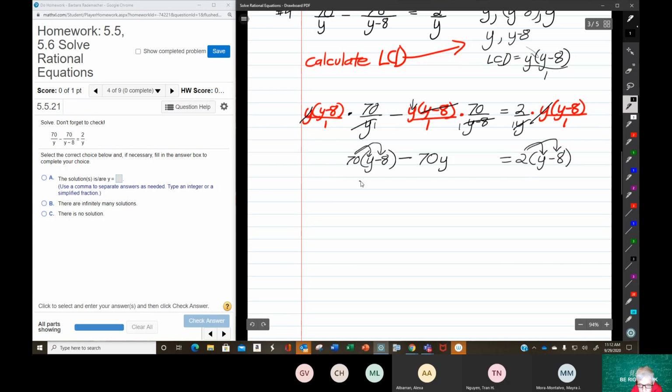So let's see, that will give me 70y minus 560 minus 70y equals 2y minus 16.